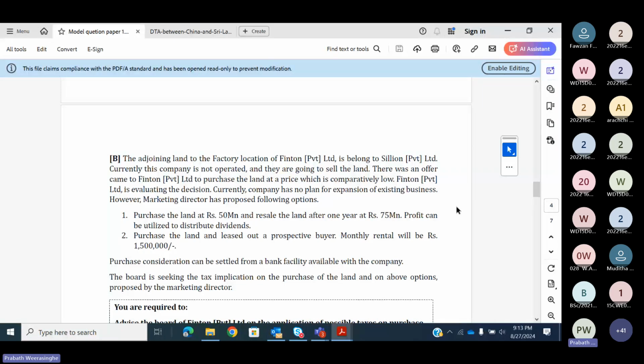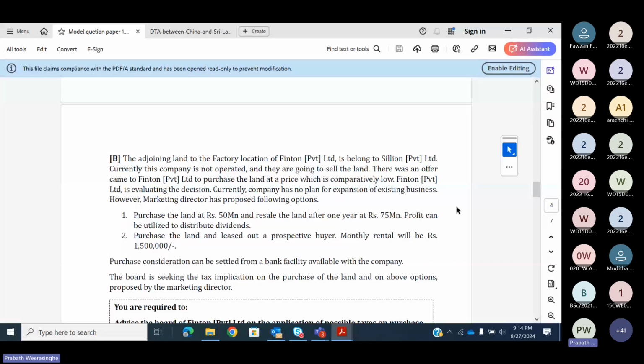The second part is to purchase the land and lease it out to prospective buyers for rental. Because this is land, it is an operating lease. So rental income will be part of their income. When the tenant company makes that payment, they will deduct withholding tax, the AIT, at 10%.